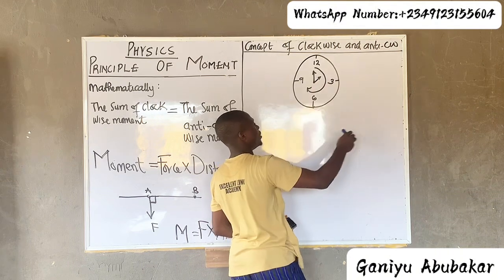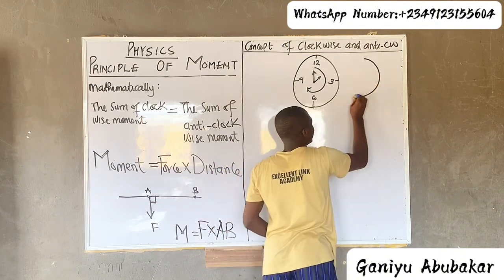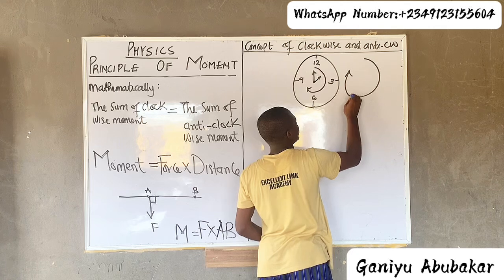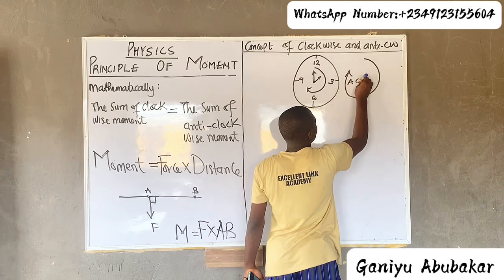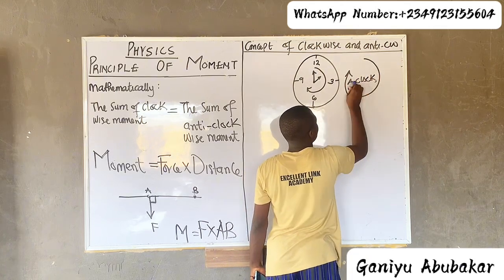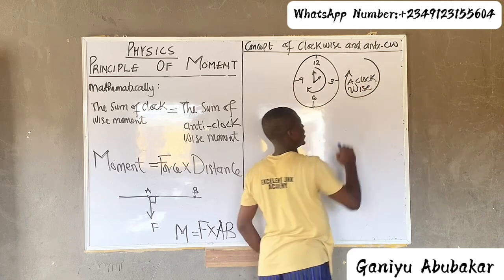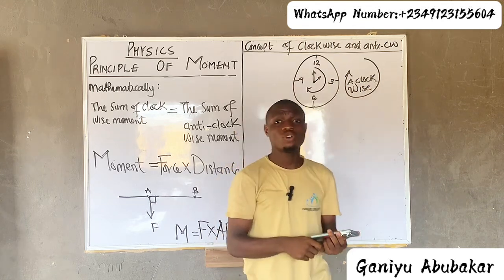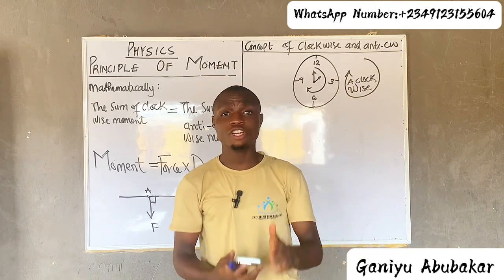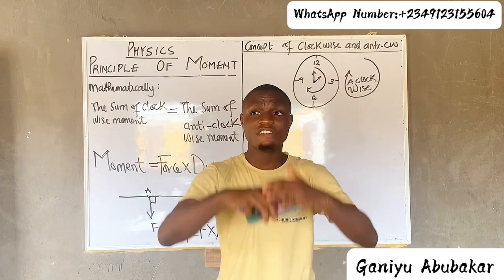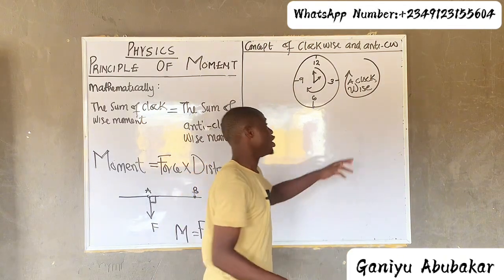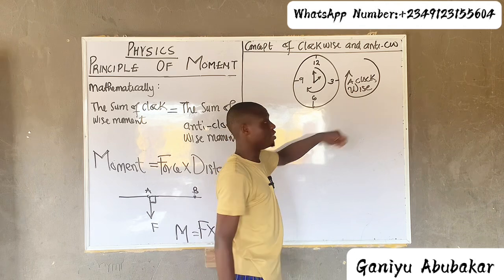This direction that I just drew out here is said to be a clockwise direction. Any direction of a clock that moves in a normal real life sense, real life application, is said to be a clockwise direction.